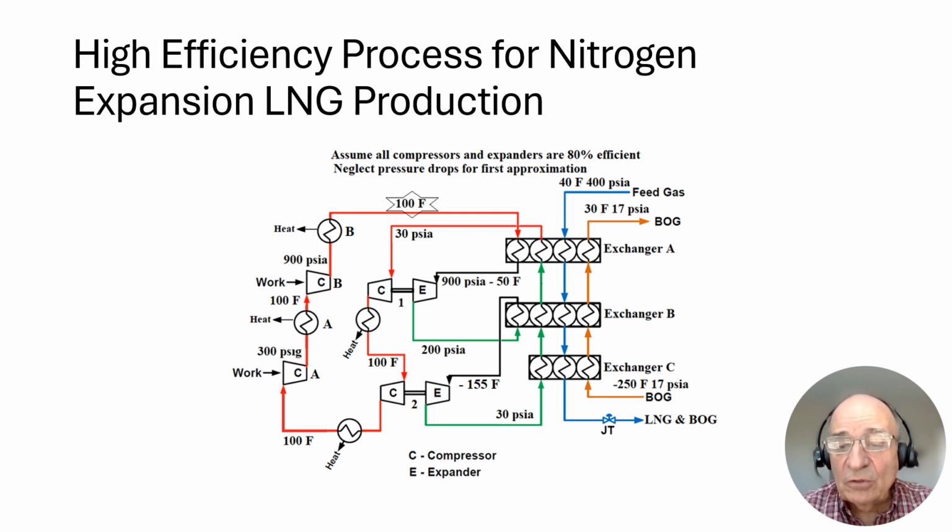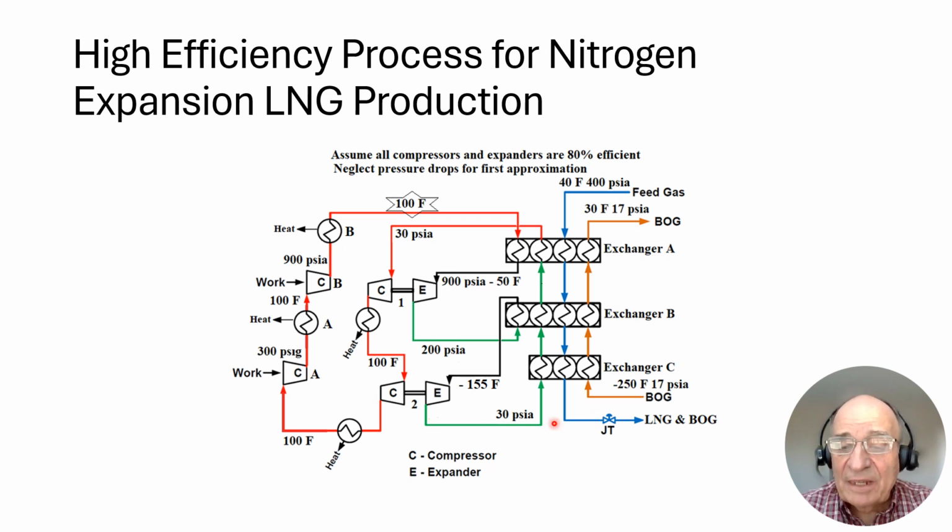Now it's very cold. It extracts heat from the feed gas, making this LNG subcool, goes into the JT valve, and that LNG goes into your LNG tank, and it may or may not have flash, depending upon what temperature is shown here upstream of the JT valve.